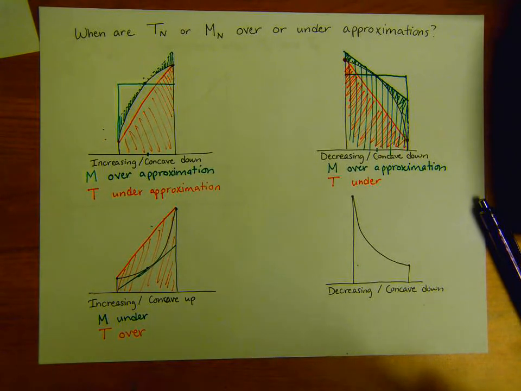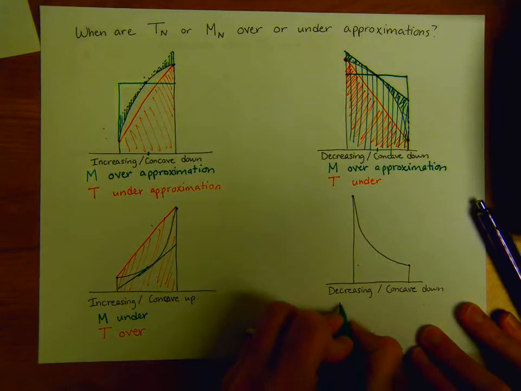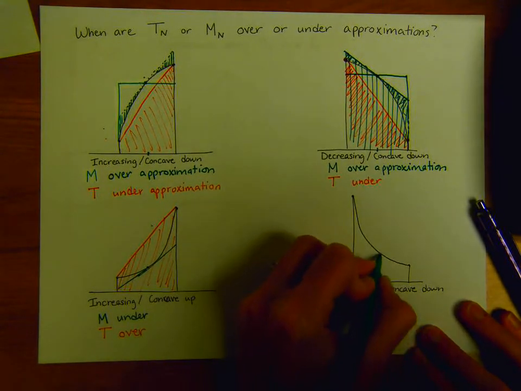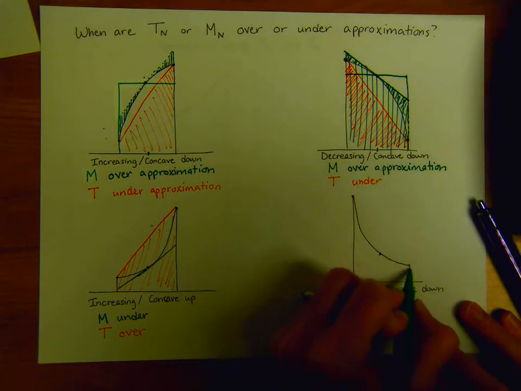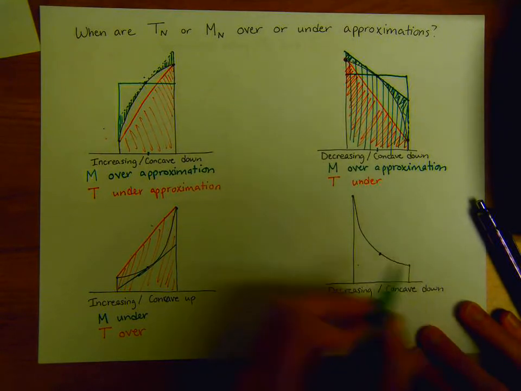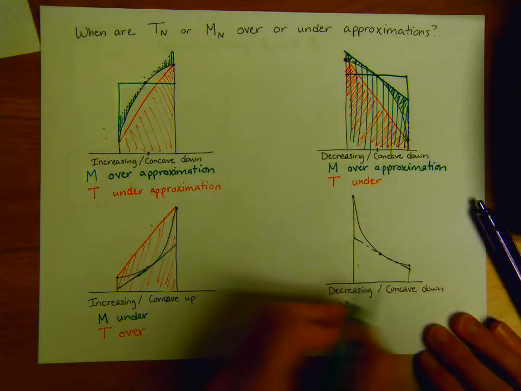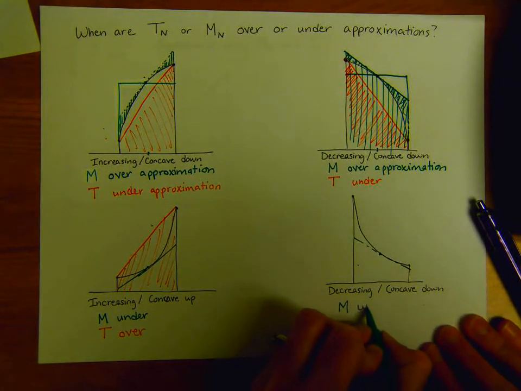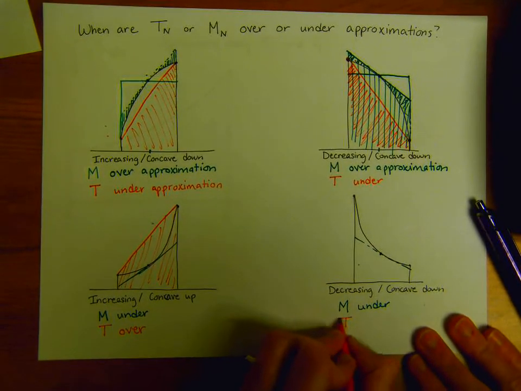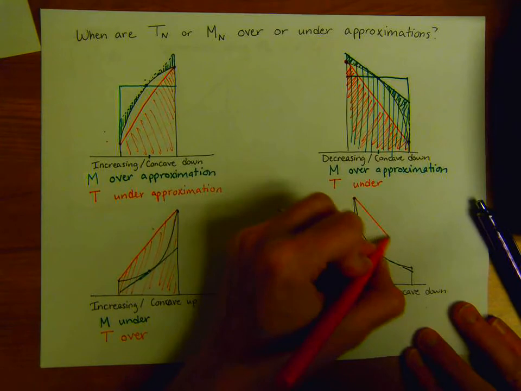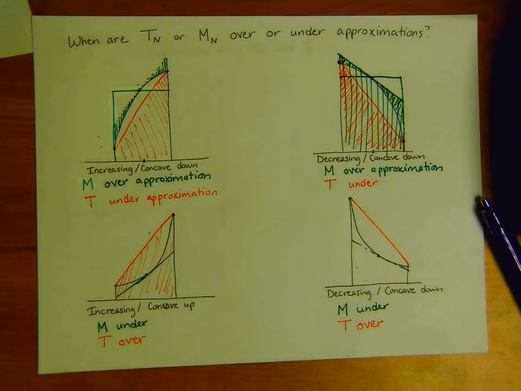And finally, for a decreasing function that's also concave down, picking the midpoint, our midpoint rule is a rectangle, but I'm going to draw the area of it with this trapezoid for visual estimation purposes, and we see that this is also an under approximation, whereas our trapezoid, which connects the two endpoints, is going to be an over approximation.